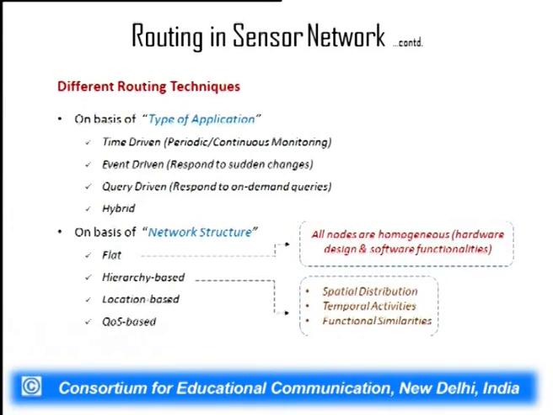This is mostly associated with multimedia traffic or any real-time application in which quality is of major importance and which cannot handle delays. So delays have to be taken care of. So these are the different routing protocol categorizations. There are many routing protocols on the basis of different applications, different network structures, or functions that a network supports.